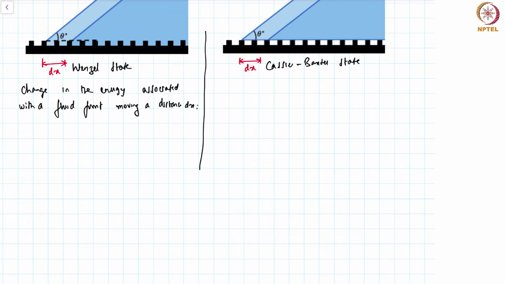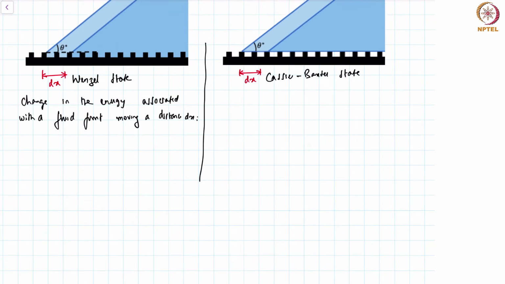If it moves a distance dx, we have to recognize that we have created a new surface which is dx cosine of theta star.